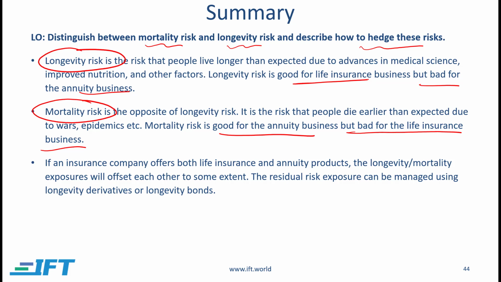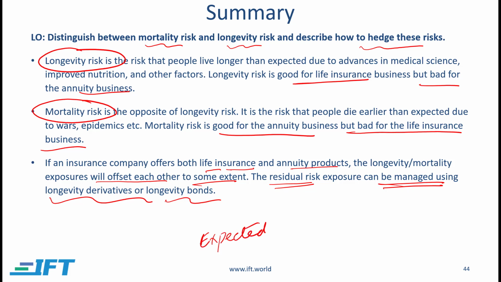Now, if an insurance company offers both life insurance and annuity, to some extent, they will offset each other, but not completely. So there will be some remaining or residual risk, which you will have to manage using longevity derivatives or longevity bonds, which basically take the difference between the expected longevity or mortality, basically the expected life duration. So let's just call it expected minus the actual, right?